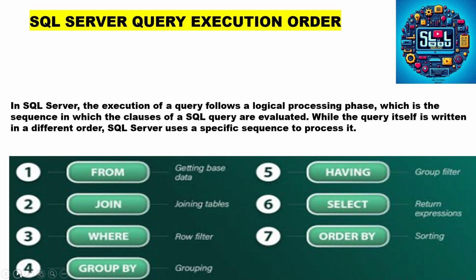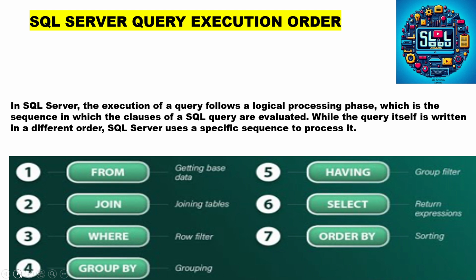So basically the from clause works at the beginning. It goes and gets the data from the base tables that we have mentioned, and then after that the joins will work, which join the tables. After that the where clause will work, which filters the rows based on the condition. Then the group by works, which groups the result set based on the column which you want.